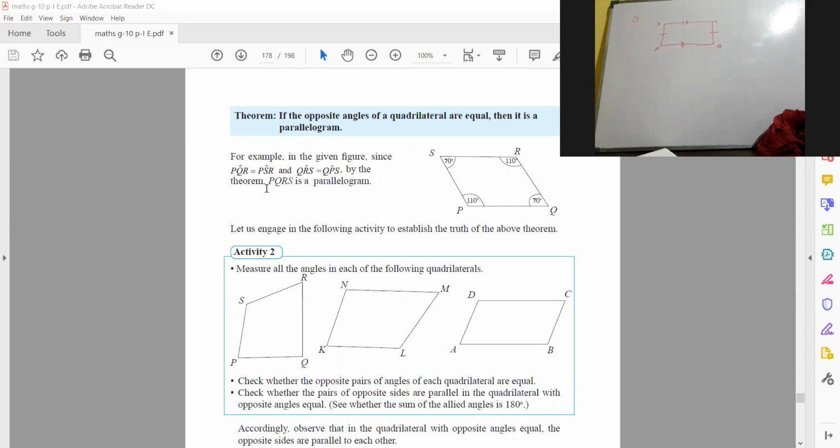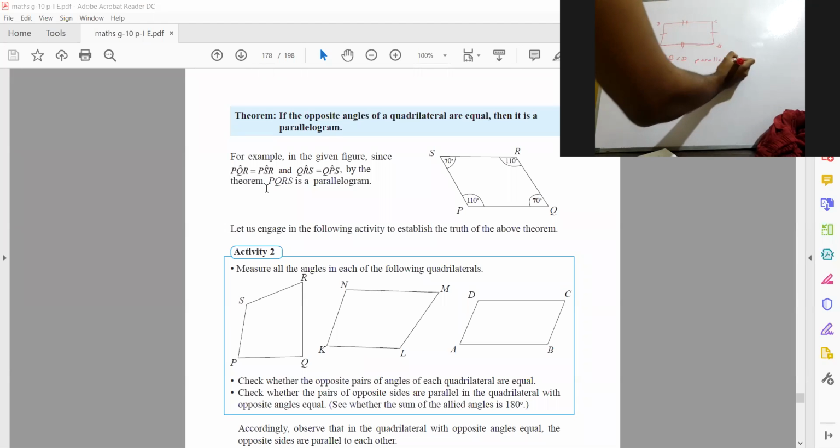So from this we can say that ABCD is a parallelogram, right?